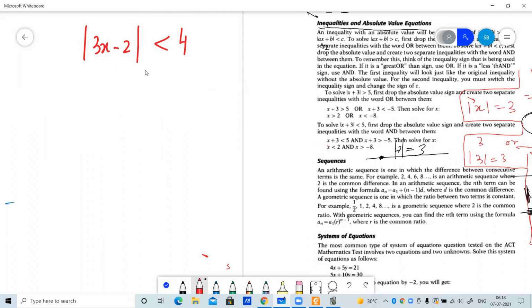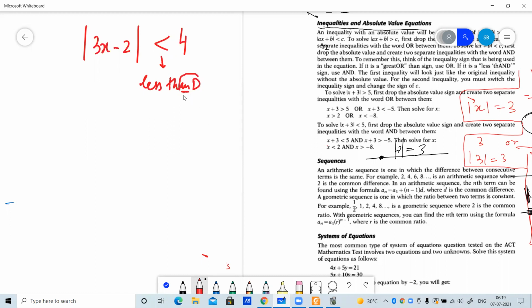Now, less than inequality, try to use and at the end.